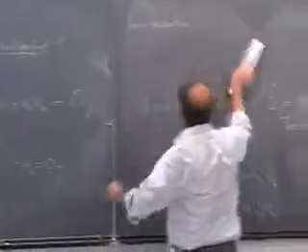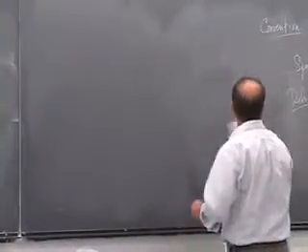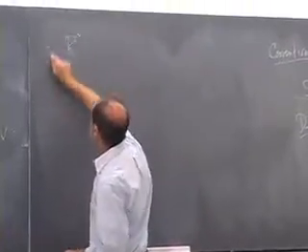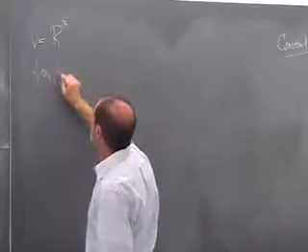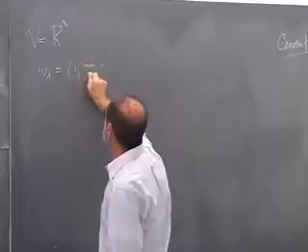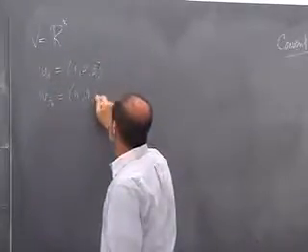So let's do a little bit more complicated example. Let's take the space R^3. And let's take the following collection of vectors. V1 equals 1, 0, 0. V2 equals 1, 1, 0.